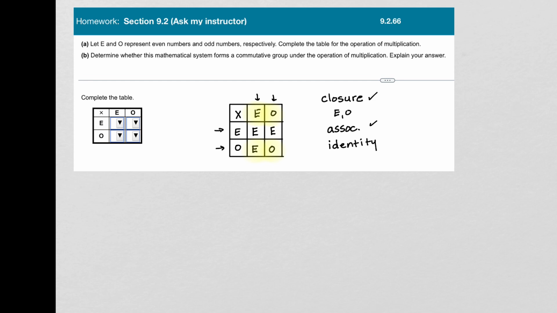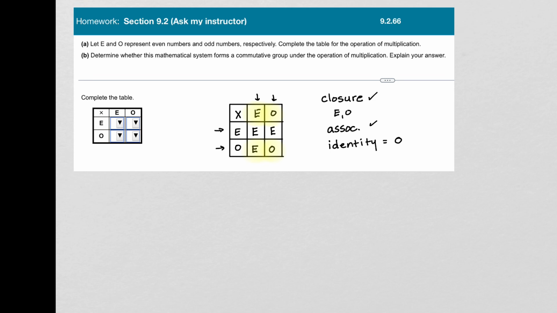And then we compare that with that row. So we get odd would be our identity element, actually, because O always gives you the same result. And we can see that that works with the columns as well as with the rows.